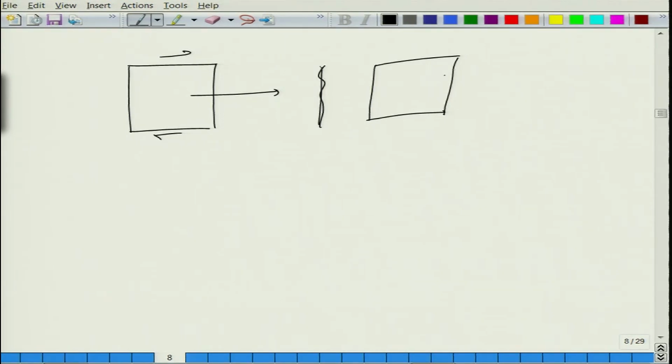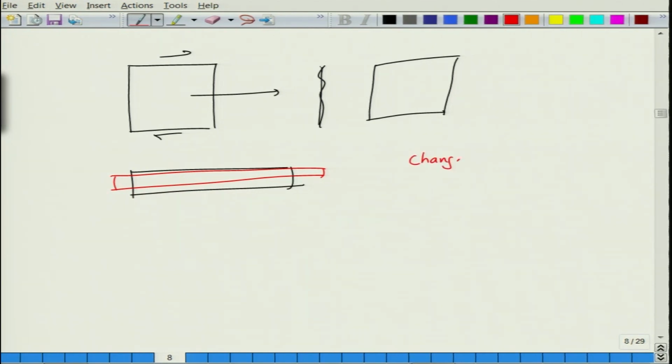So, for example, this becomes that. So, basically you have a change in shape that is permanent.